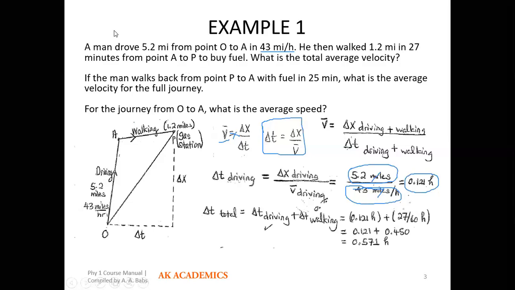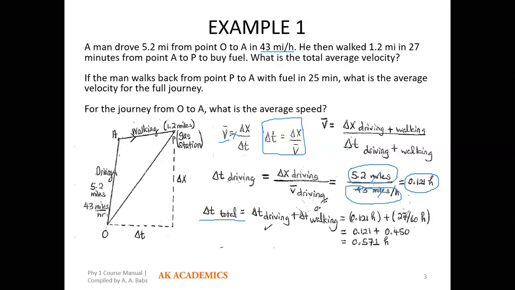Now what you want to look at is the total change in time. Total change in time will be equal to change in time of driving plus change in time of walking. Change in time of driving, we just calculated to be 0.121 hours. And then change in time of walking was given to us in the question. He walked 27 minutes from point A to point P. To convert 27 minutes to hours, you divide by 60, because 1 hour makes 60 minutes.